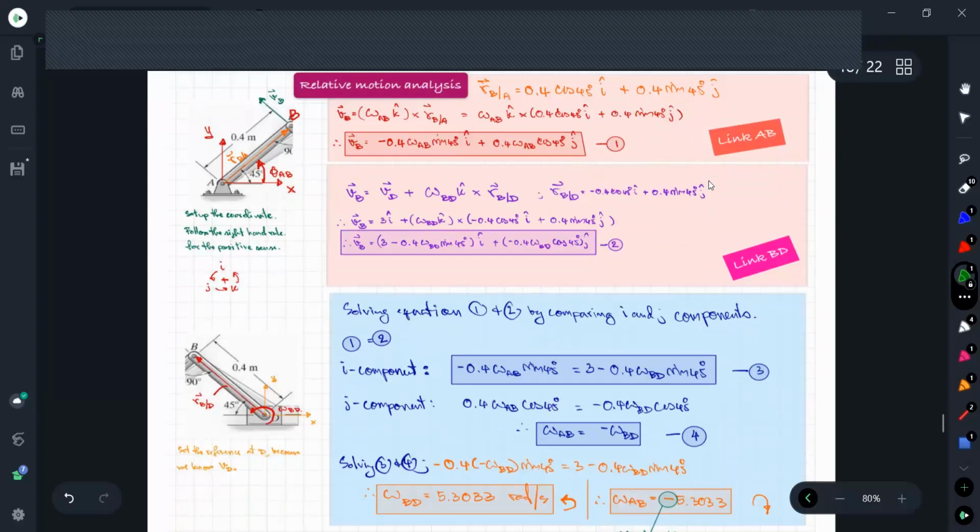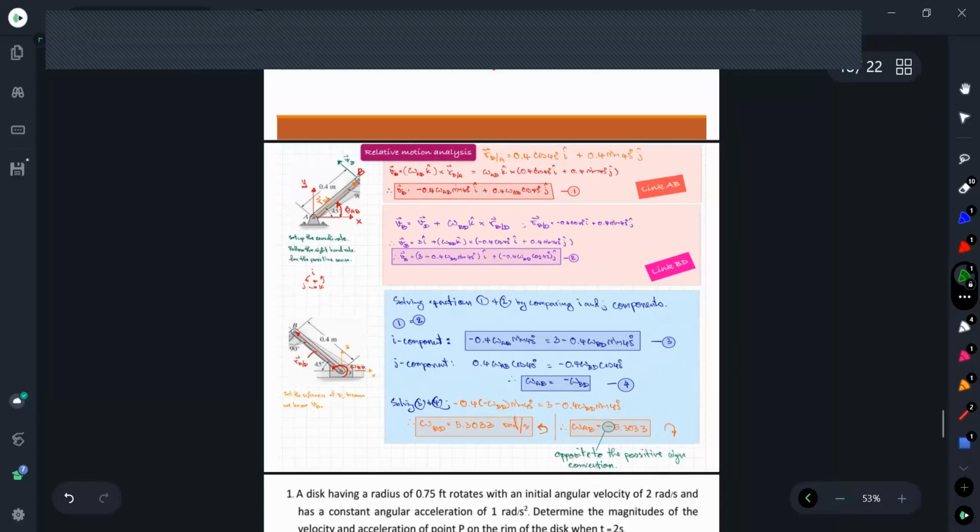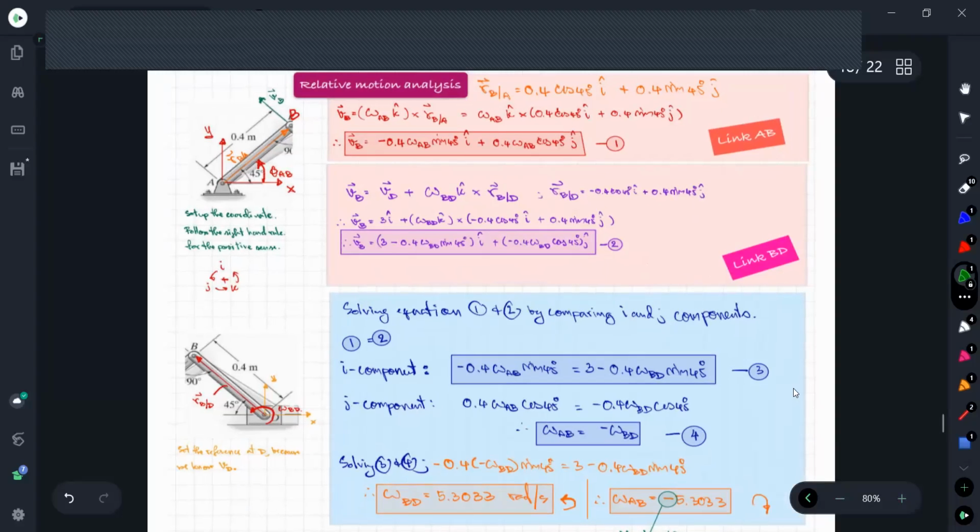For relative motion analysis, you see that for this case it should be the same step as the previous problem. We start with point A. This is just rotation about a fixed axis, right?